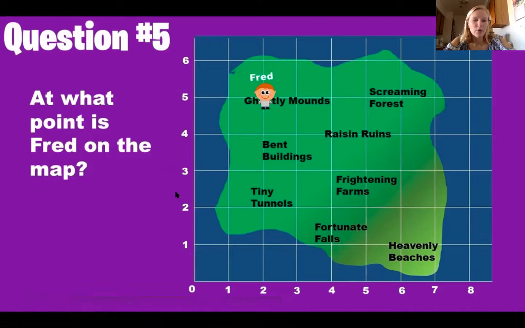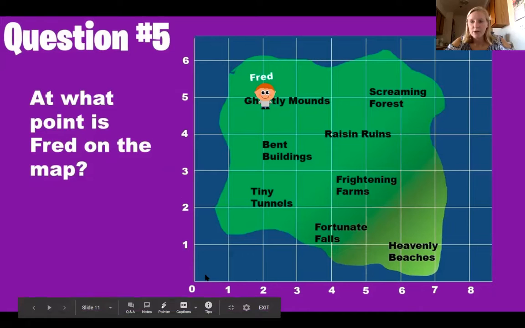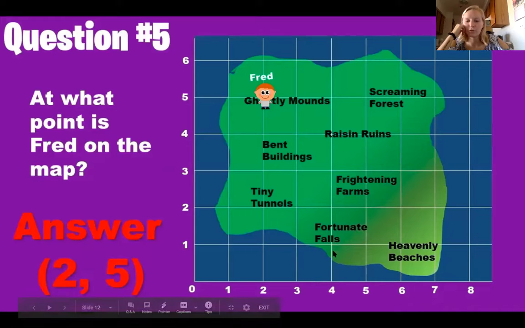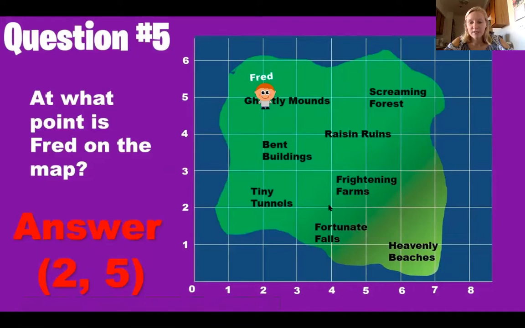Okie dokie. At what point is Fred on the map? So he would be, we always do our x-axis first, 2, up 5. So starting at the origin, okay, we moved 2 spots east, 5 spots north to get to 2, 5. Let's get our answer, 2, 5. Let's say Fred is at Ghostly Mounds and he wants to go to Fortunate Falls, which is at this spot here. How would he get there? Okay, and again, you can either go side to side first and then up and down.